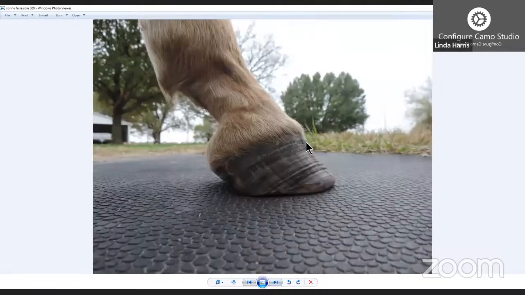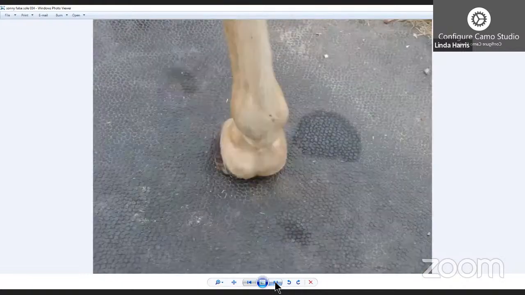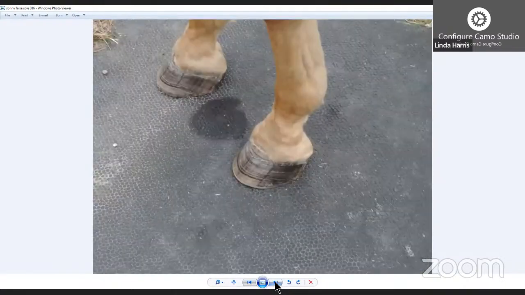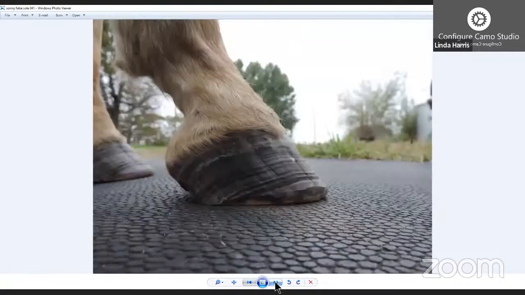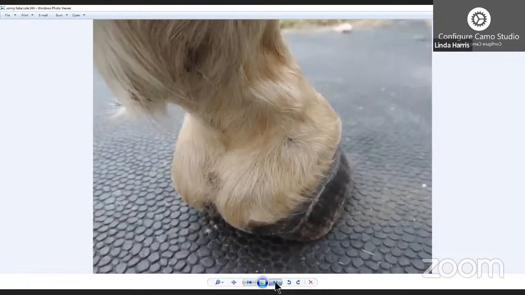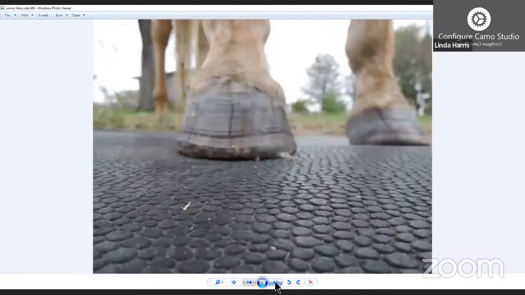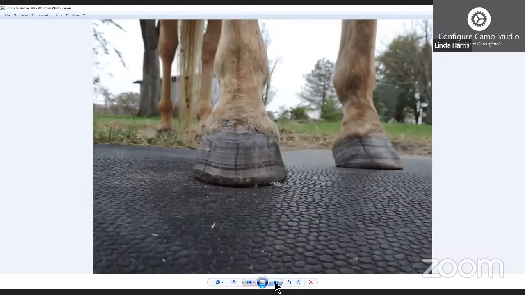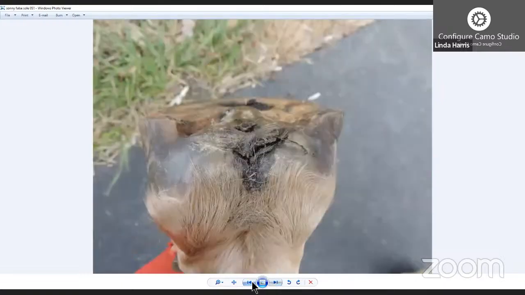So you can see he's got some founder rings. And you can see here.